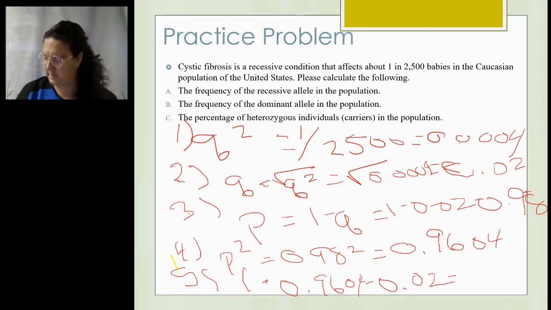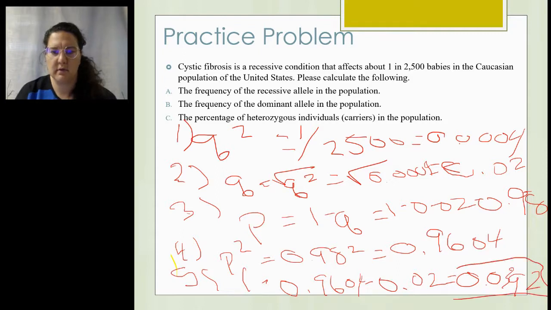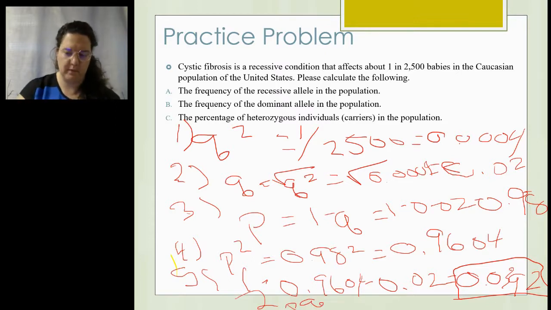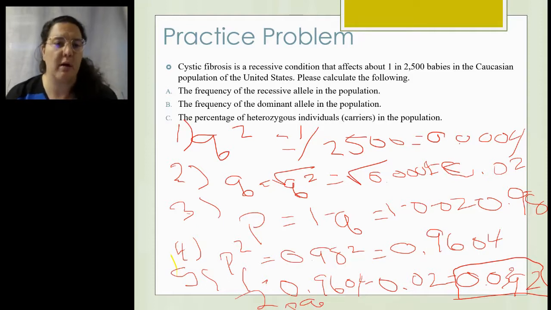And our 2PQ is going to be 0.0392. And then this is the percentage of heterozygous individuals in that population. So that is 2PQ. So these 5 steps are available to do all of the Hardy-Weinberg problems.